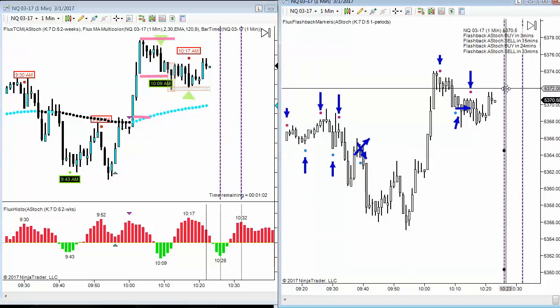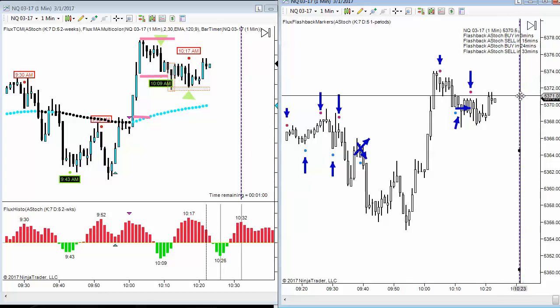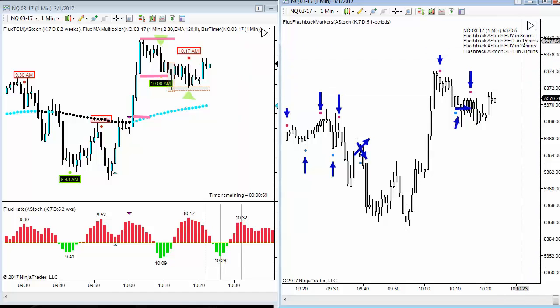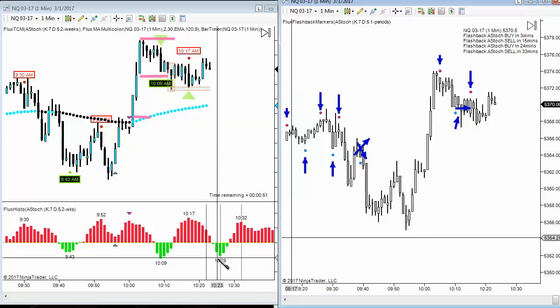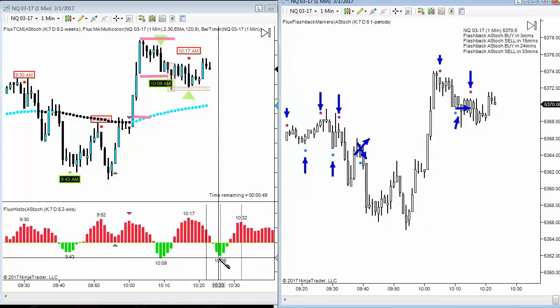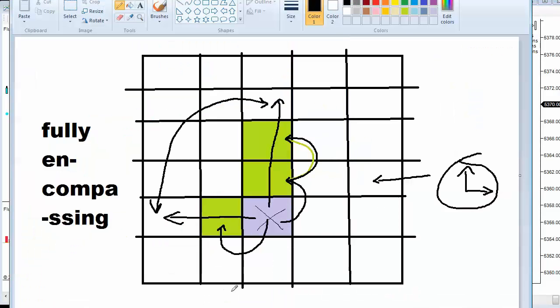And in the right hand corner of our chart, the flashback is telling us the next buying pressure signal is in 3 minutes, 1025. So between 1025 and 1026, Brent, we have buying pressure times where the market has been pushed higher.